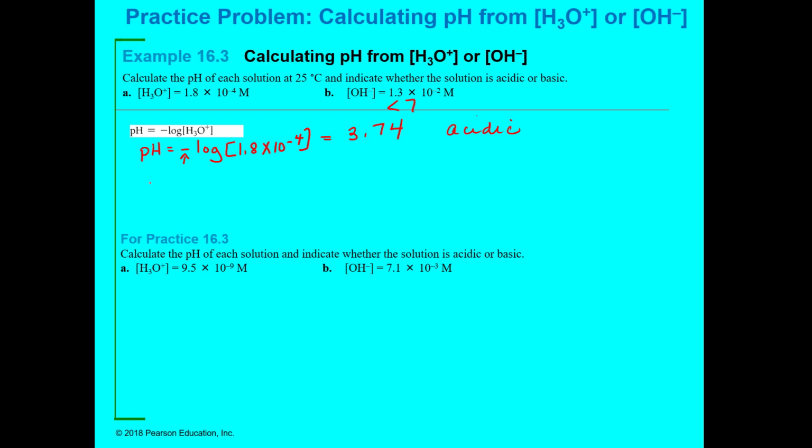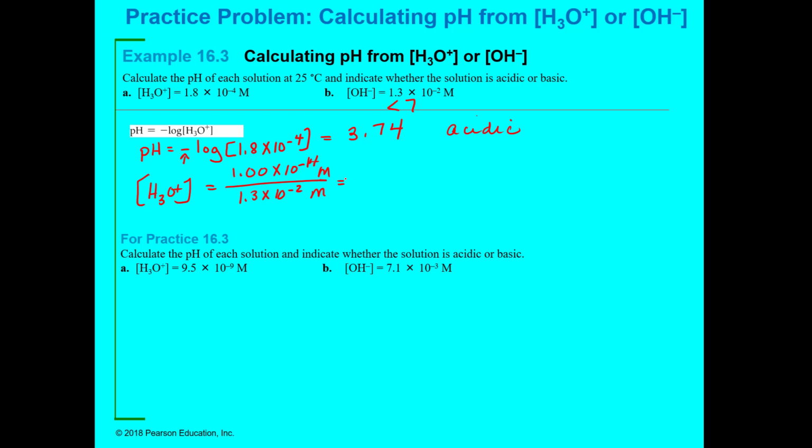On this one you have the OH, and you can do this a couple of ways. We've already learned about the Kw, right? So if we know the OH, then we can find the H3O plus, because that's what pH is determined by. That's going to be equal to our friend 1 times 10 to the minus 14 divided by the OH concentration, which is 1.3 times 10 to the minus 2.